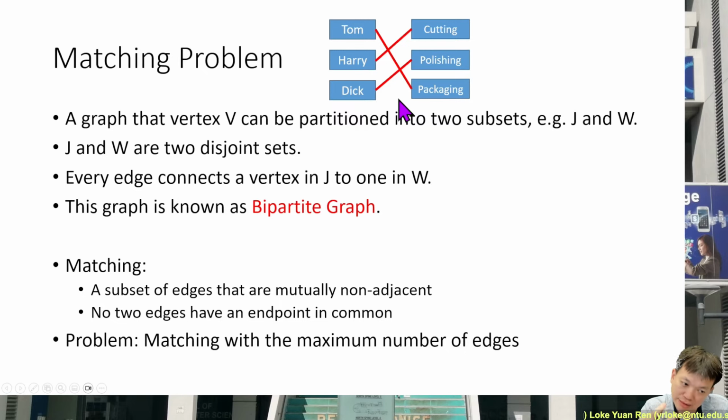It is obvious that if I have 2 jobs and 3 persons, there is no way to let everyone get a job. So the objective in the matching problem is to get the matching with the maximum number of edges.